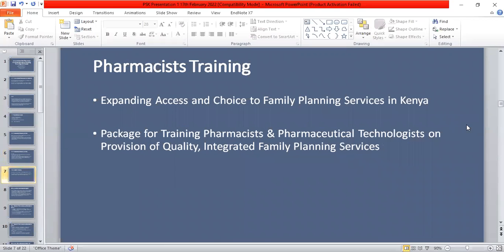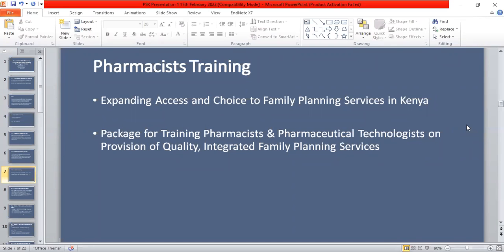So the pharmacist training curriculum, or the pharmacist training package that is out there, is known as Expanding Access and Choice to Family Planning Services in Kenya. This is a package for training pharmacists and pharmaceutical technologists on provision of quality integrated family planning services.